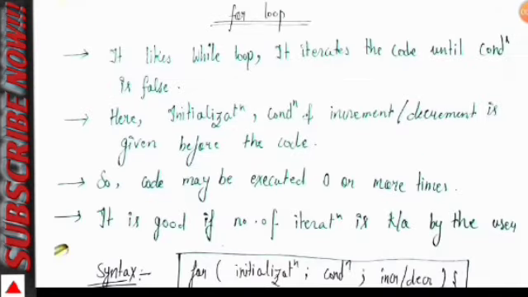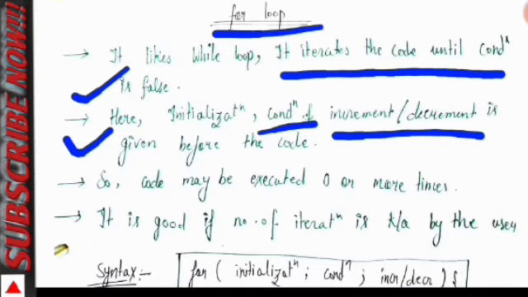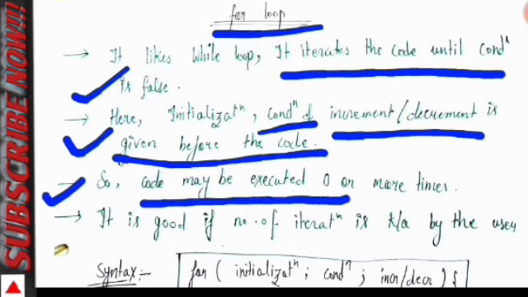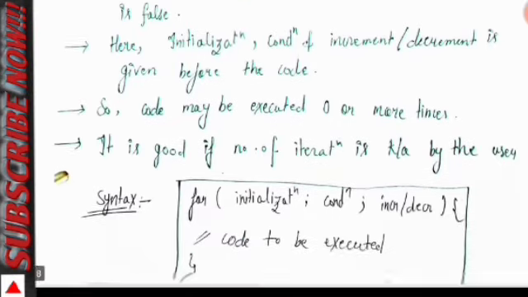Now come to the for loop. It is like the while loop. It iterates the code until the condition is false. Here initialization, condition, and increment or decrement are given before the code, so the code may be executed 0 or more times. It is good if the number of iterations is known by the user. Now come to the syntax of the for loop.